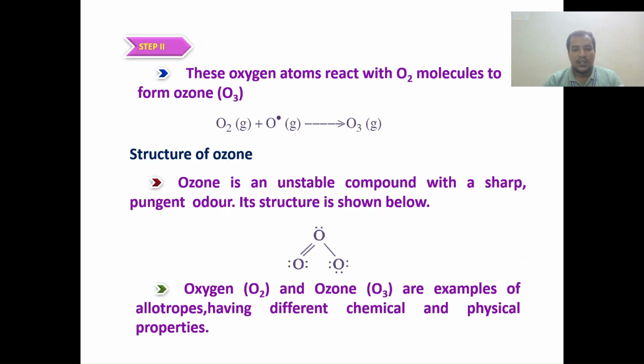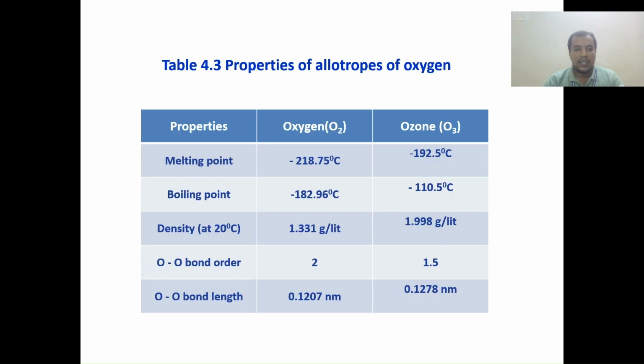And step 2 is these oxygen atoms react with oxygen molecules to form ozone. The structure of ozone is an unstable form with a sharp and pungent odor. Its structure is shown below in the PowerPoint. Oxygen and ozone are examples of allotropic forms having different chemical and physical properties.